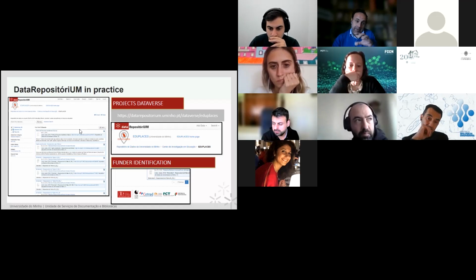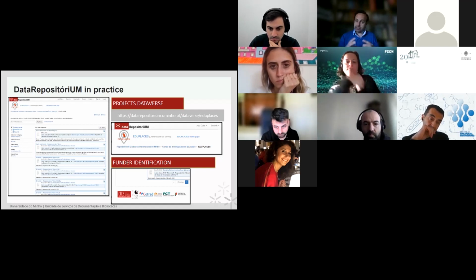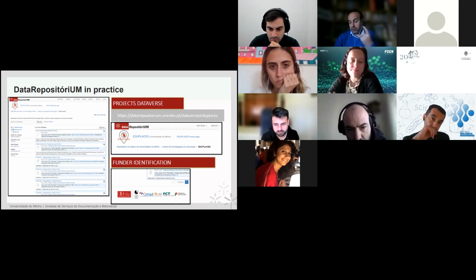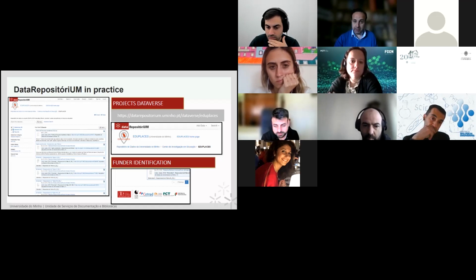And with this flexible structure of dataverses, collections inside of collections, you can create, for example, a collection for a project. We have a good example, a great example, publicly available.